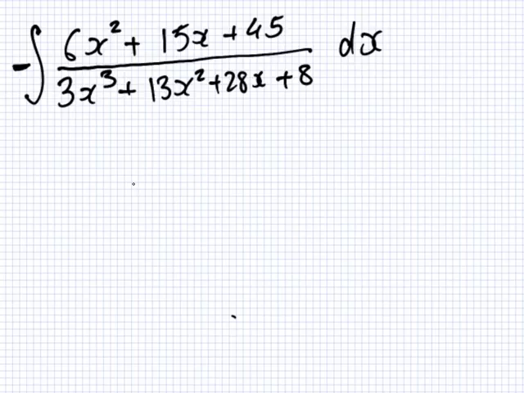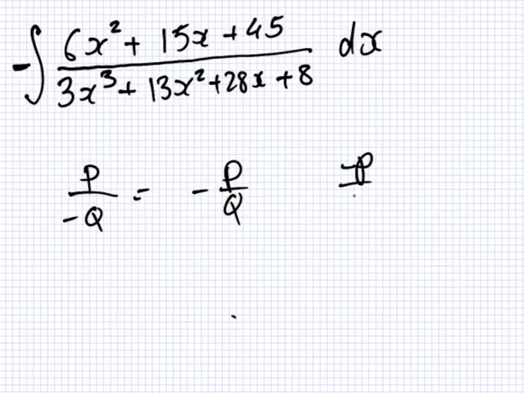We are seeing why I'm going to take the extra minus out. The minus is on the bottom, so I took the minus out from the bottom. I can take the minus out the top or bottom. For example, if I had p over minus q, I can change that into minus p over q. Or if I had minus p over q, I can change that into minus p over q. Yes, Albert?